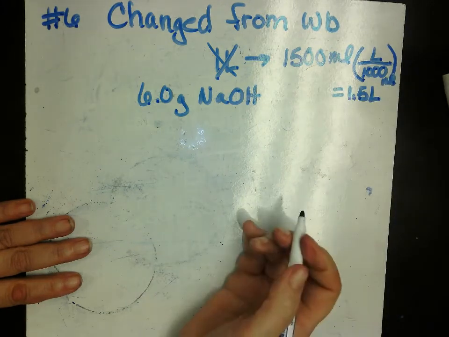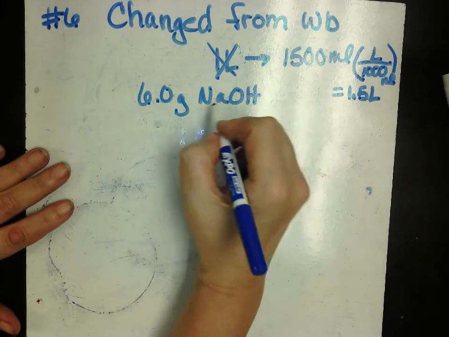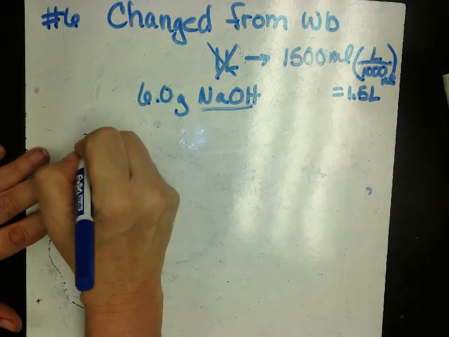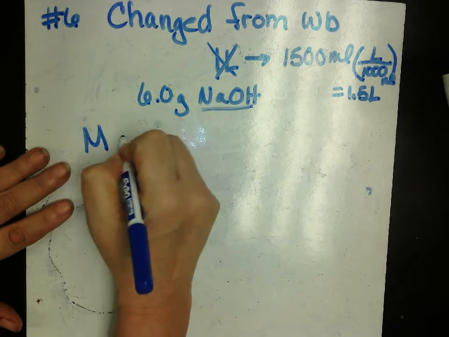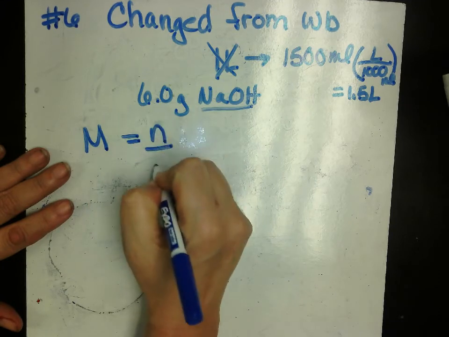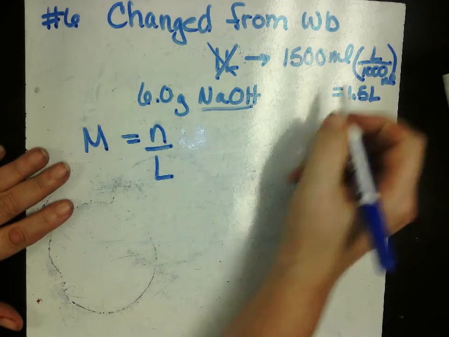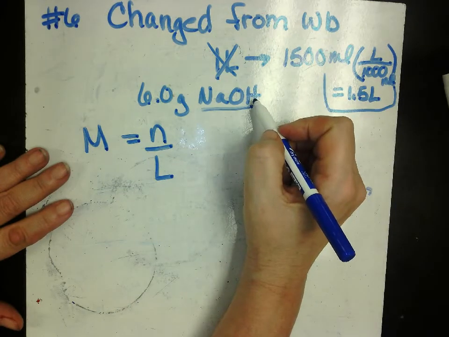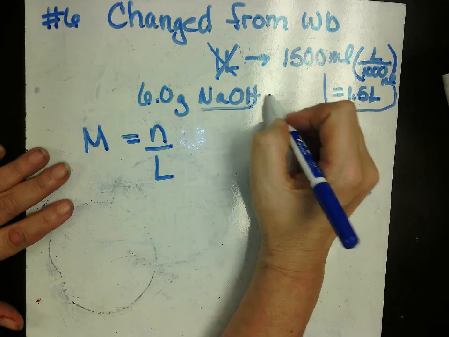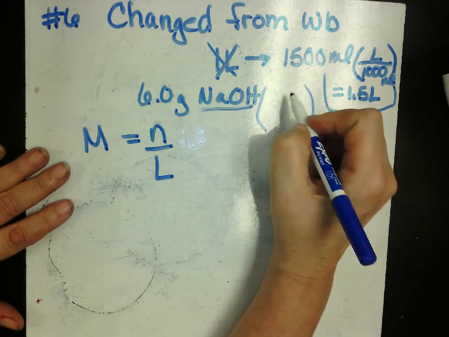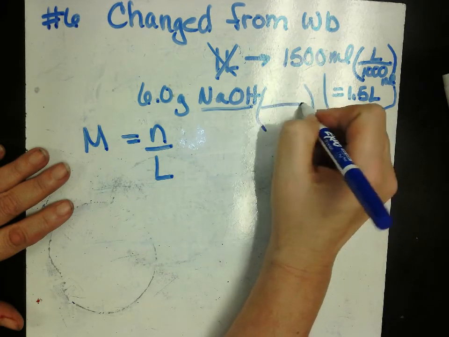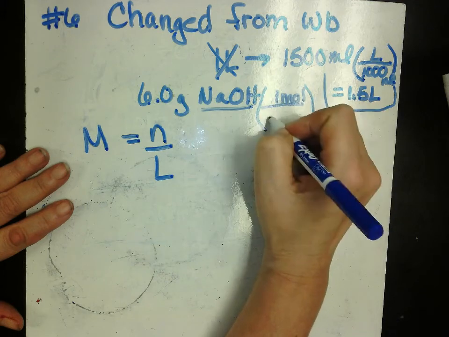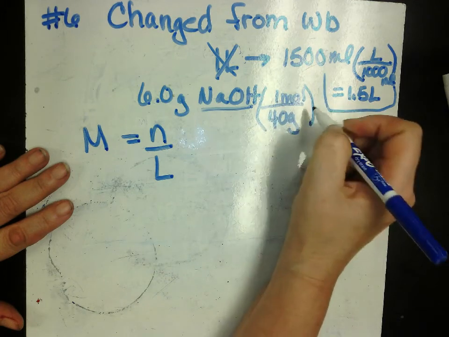Now, why do I need liters? Well, I need to find the concentration of the NaOH, and concentration is molarity, and molarity is moles divided by liters. So I figured out my liters here, and now I need to figure out my moles. My moles is going to be 6 grams, and for every 1 mole of sodium hydroxide, there are 40 grams. Why?